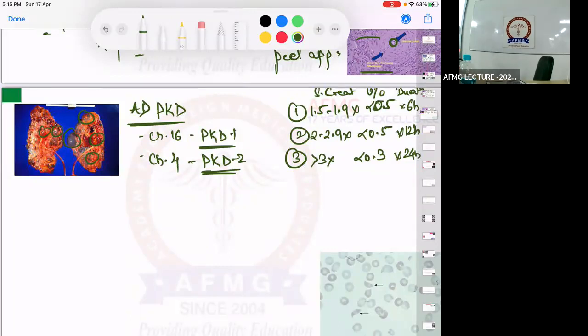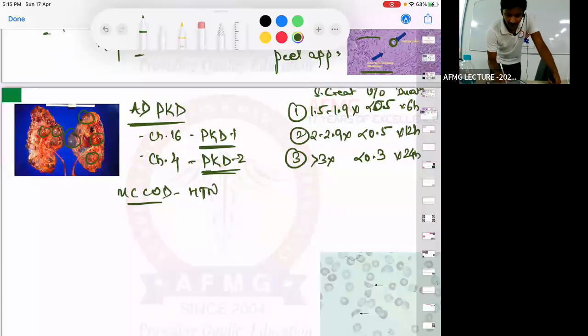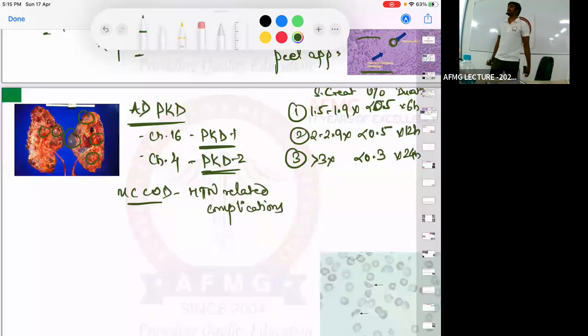No issues? Okay, important. Now here, what is the most common cause of death? Anybody? Definitely the most common symptom in these patients, when there will be rupture or hemorrhage in this disease, would be flank pain. But the most common cause of death is, question has been asked, hypertension related complication.